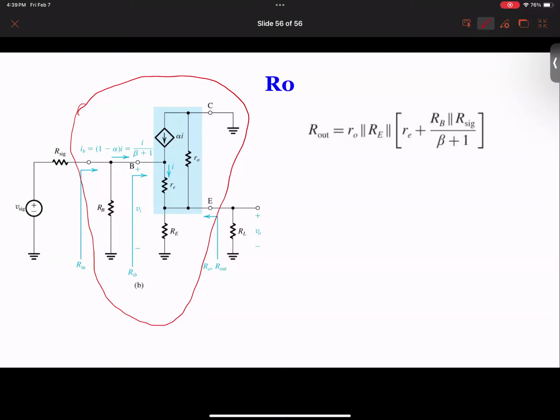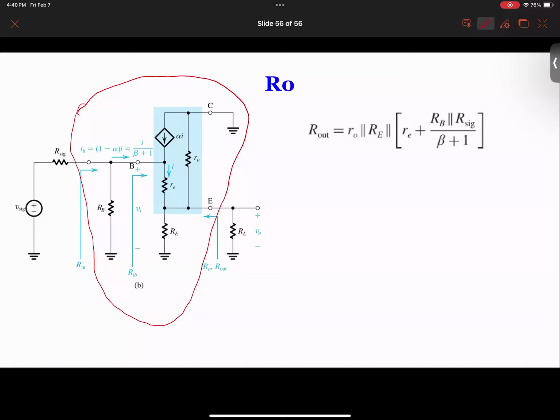We are not going to ask you to derive how to calculate output resistance. I know it's kind of crazy because the process is very tedious. It's not that easy. But what I want to explain to you is that you understand the process of how to derive it, and then write down this equation. I don't expect you to even memorize it.